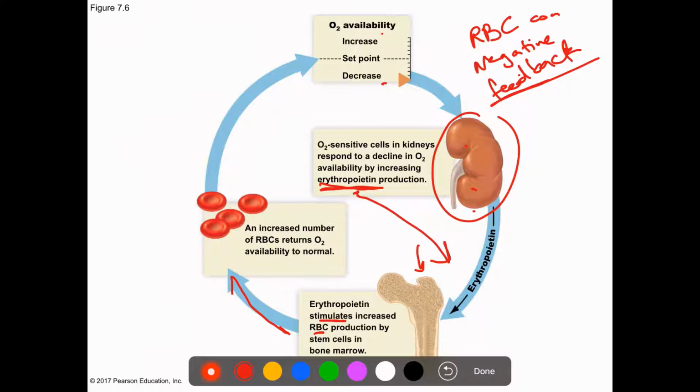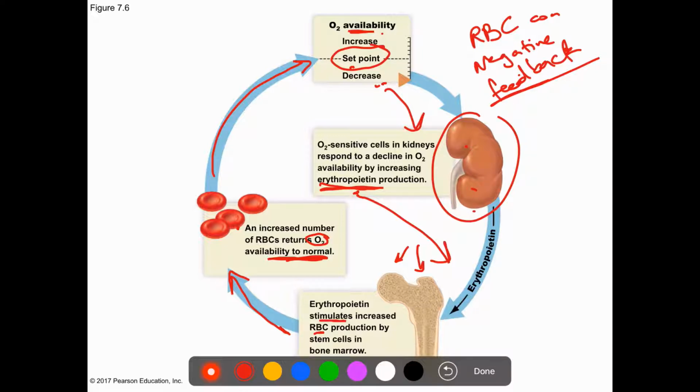And these newly produced red blood cells would go directly to the blood and carry more oxygen. That would restore oxygen availability to the set point. If there is more need of red blood cells, the whole process would repeat itself, until we restore the set point of oxygen availability.